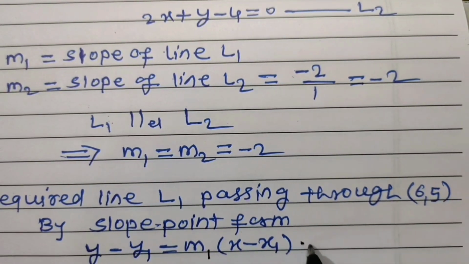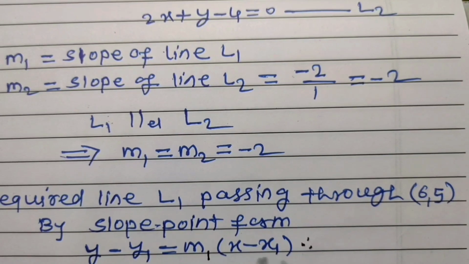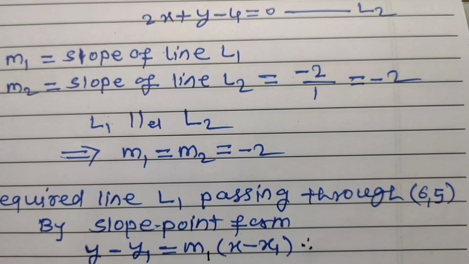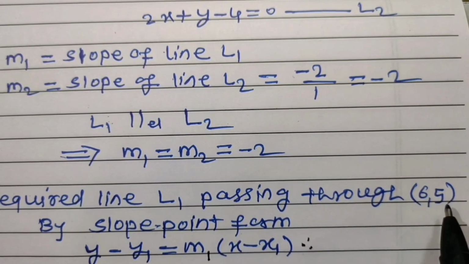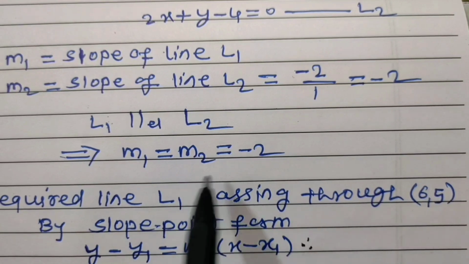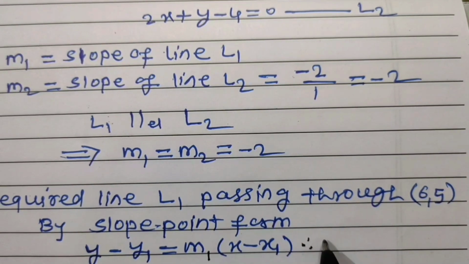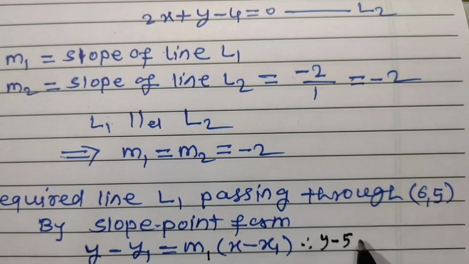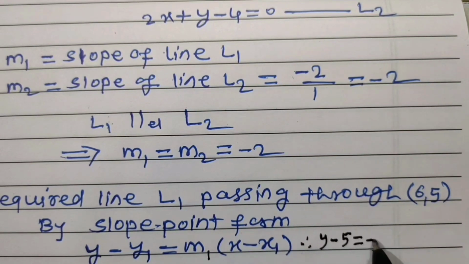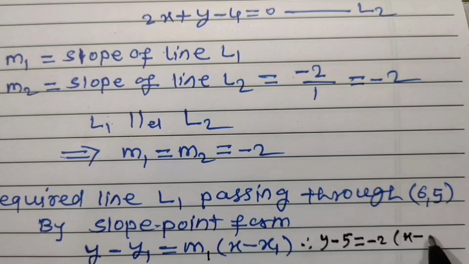Here substituting x1, y1 and m1: x1 is 6, y1 is 5 and m1 is minus 2. Hence y minus 5 is equal to minus 2 into x minus 6.